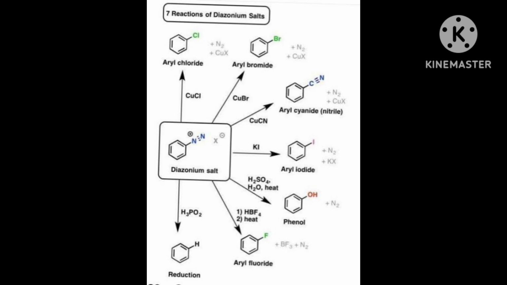Then here again you will get same way ArH, means benzene or arene, plus again N2 will be released, plus again you will get HCl, correct? And a new product, that is the aldehyde, you will get CH3CHO.